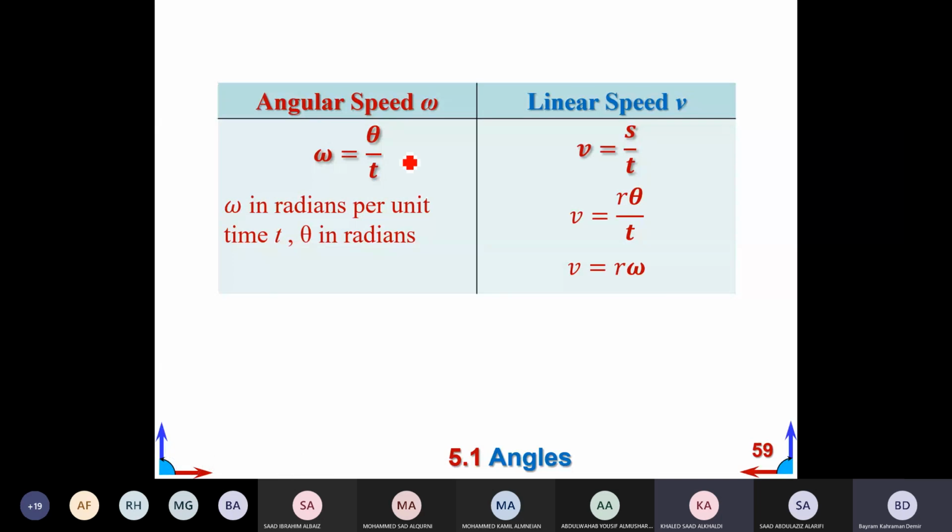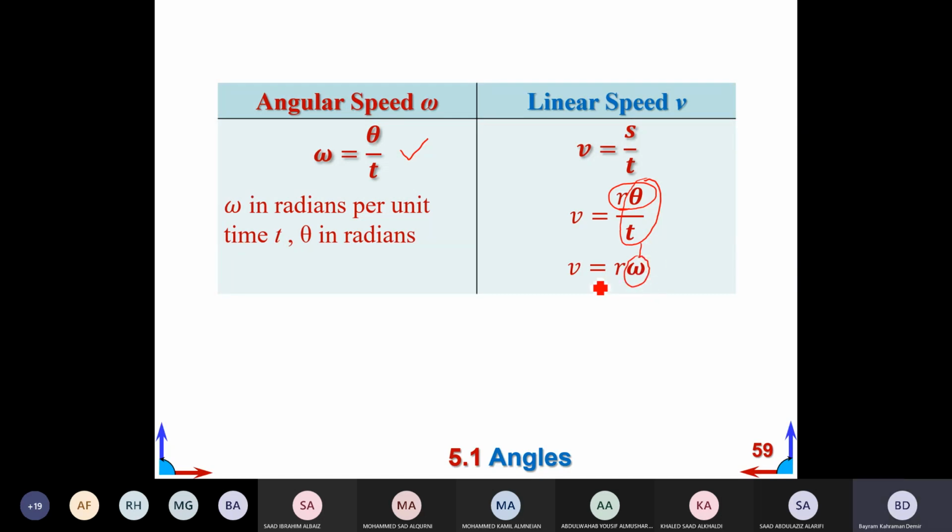So, don't forget these important formulas, Shabab. The omega is angular speed, the total angle divided by time, and the linear speed is s, that is, arc length divided by time. And if you replace arc length with r times theta, Shabab, now just notice theta divided by t is already omega, right? Angular speed.